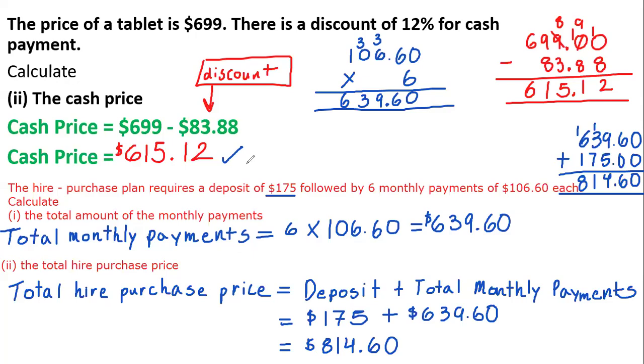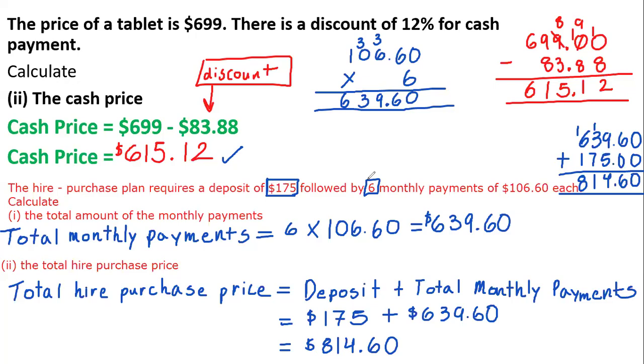I say, okay, I'll work with you. Give me a deposit of $175, and every month just pay me $106. It's just going to be for 6 months, and after 6 months you could have your tablet.